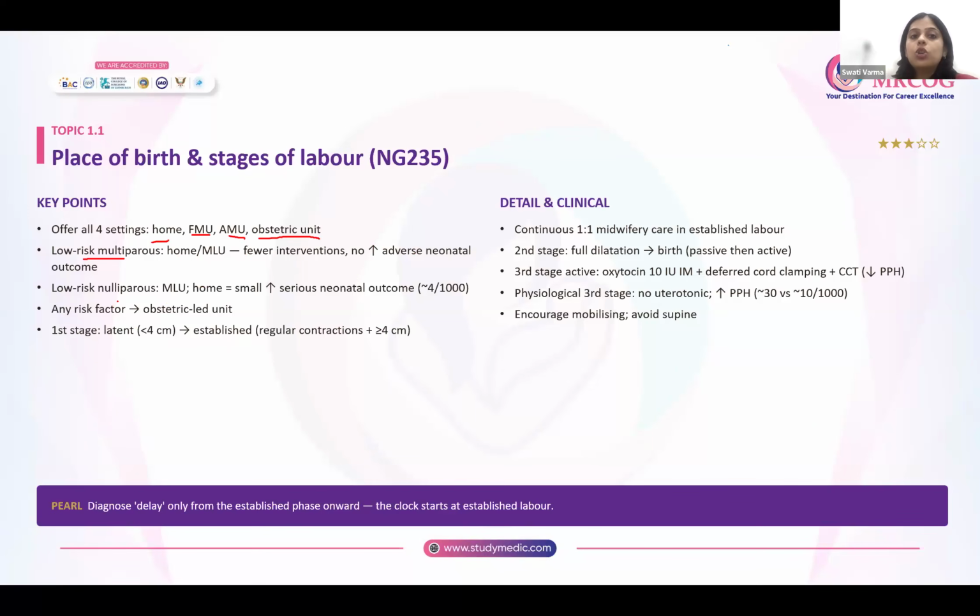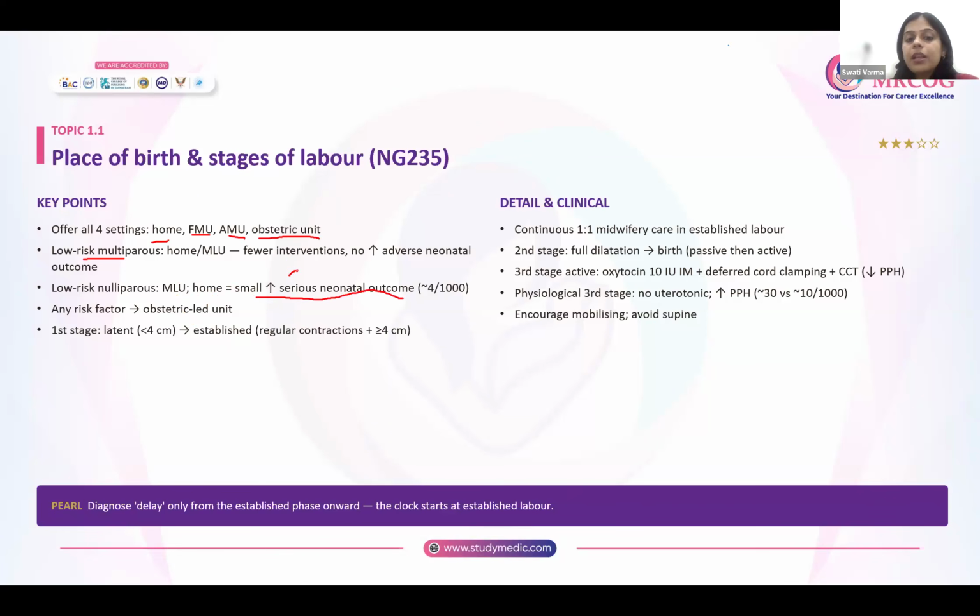Now let's come to low risk nulliparous ladies. In low risk nulliparous women, usually they are advised to birth in a midwifery-led unit, which may be freestanding or alongside. Why? Because in a midwifery-led unit, the rate of interventions will be less as compared to an obstetric-led unit, as well as the spontaneous delivery rate will be higher. Whereas at home, there can be a small increased risk in the rate of serious neonatal outcomes. How much?